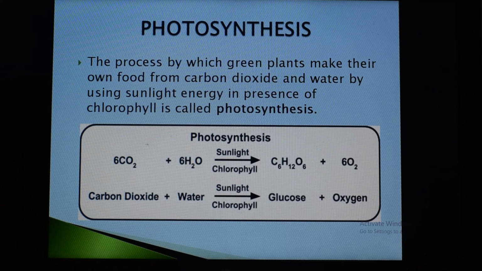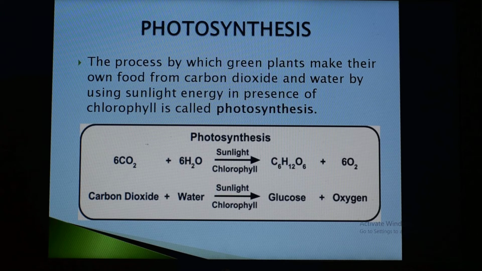The synthesis of food occurs in the leaves of a plant or a tree. So, the leaves are the food factories of a plant. This can form a question. Why are leaves known as the food factories of a plant? The answer to this question will be because they contain the green color pigment called chlorophyll, which is necessary for making food.